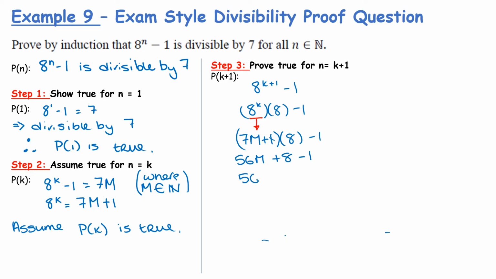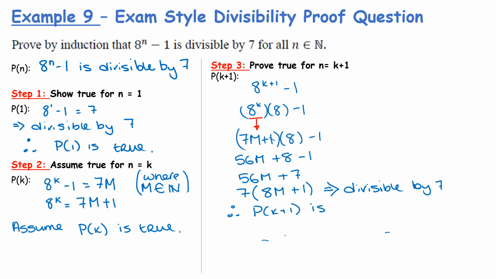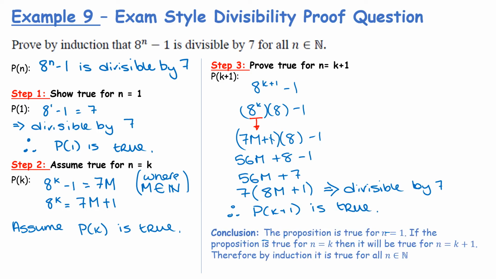So that's 56m plus 7. I want to show that 7 is a factor, or it's divisible by 7. So that gives me 7 times (8m plus 1). This is then definitely divisible by 7. And therefore, P(k+1) is true.